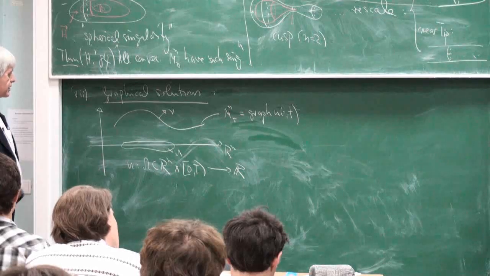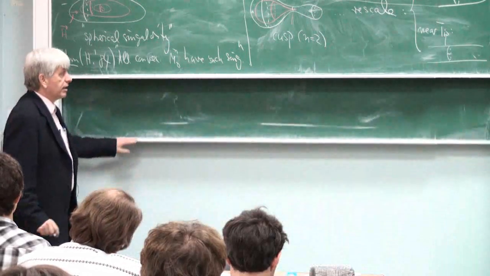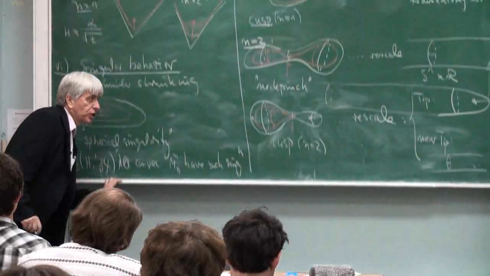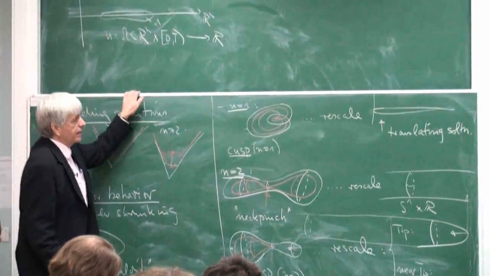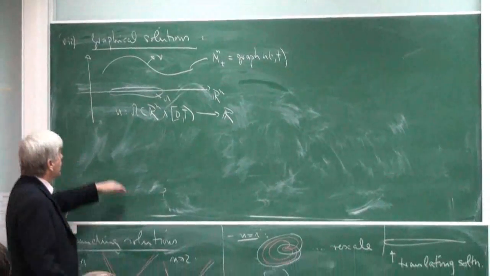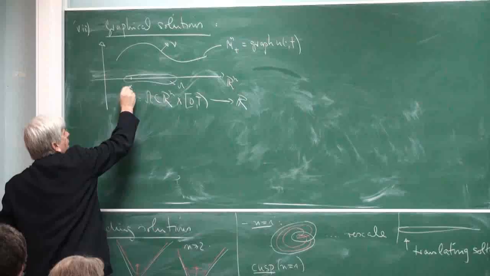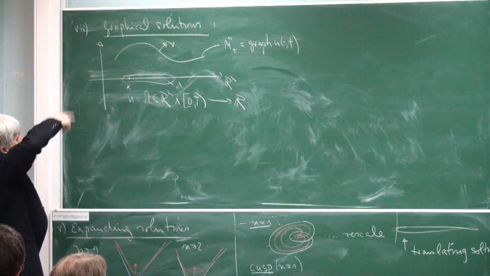And then you can ask, what is mean curvature flow in this case? And then you can rewrite mean curvature flow, remember, which was a parabolic system for all the coordinates of the surface. So now we just fix the x here and ask what is the change of the height.